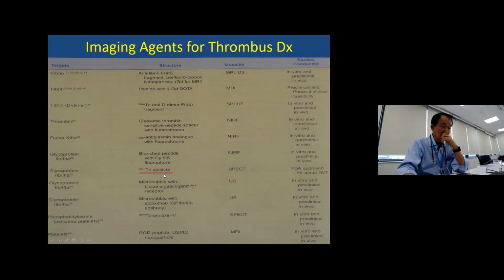It's so bad. And then annexin V is related to phosphatidylserine, so apoptosis. If we evaluate apoptosis with technetium, this one is good.